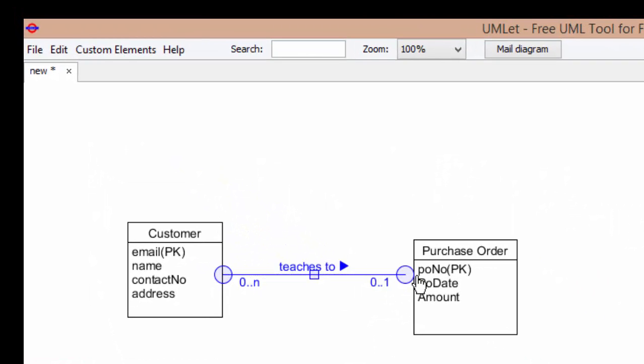relationship between the entity. So customer and purchase order, customer will make purchase order.